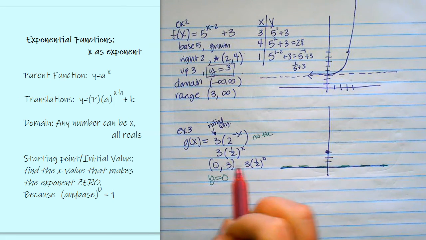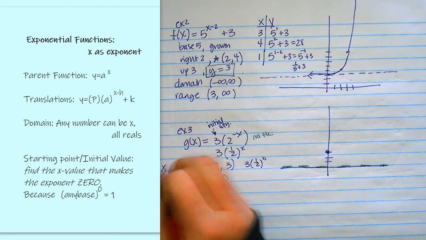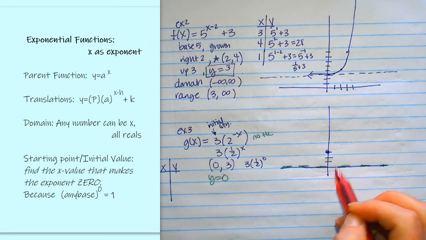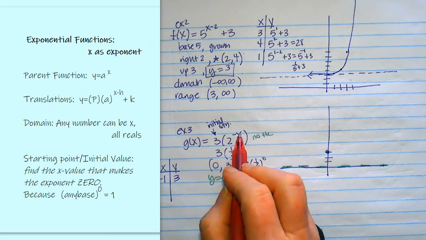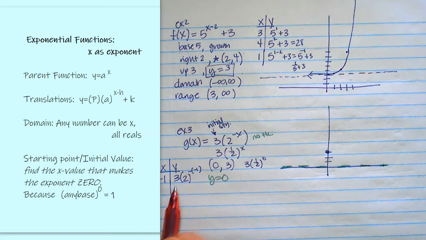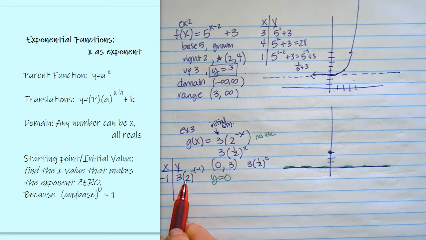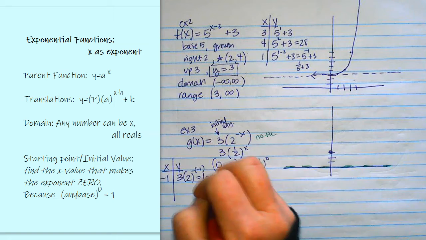And then when we plug in some values to see that decay, we can plug in -1. I'm going to plug into the original. So that'll be 2 to the -1. 3 times 2 to the first is going to be 6.